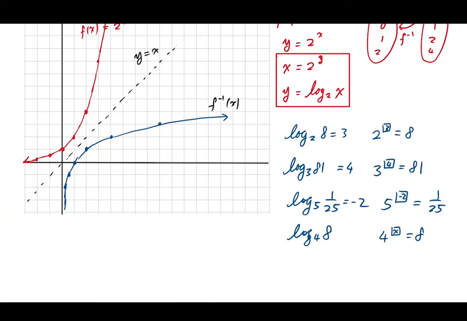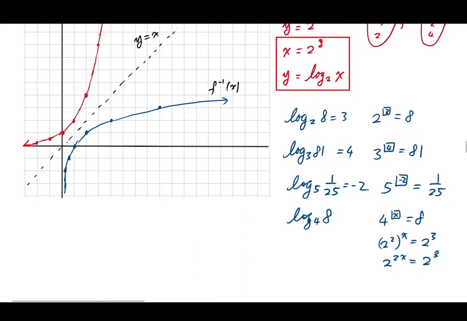Now we have to figure this out. See, 4 is 2 squared, to the x power, and of course 8 is 2 to the third. Well, rule of exponents, hopefully you remember that. That is 2 to the 2x is equal to 2 to the 3. Well, that tells you 2x is equal to 3. So x is equal to 3 over 2. x is what goes in the box, so this is 3 over 2.